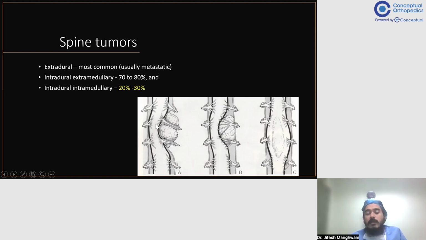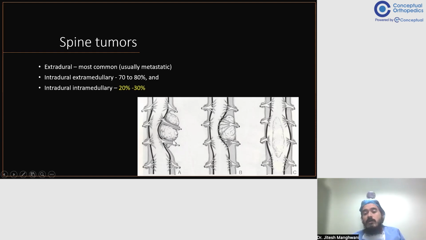The tumor that is present outside the spinal cord, not present inside the dura or the spinal cord or the tube, which basically presses the spinal cord from outside. So that is basically the extradural tumor. It is one of the most common types of the three.